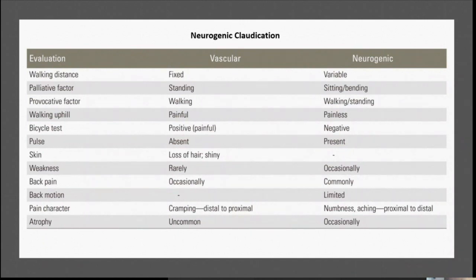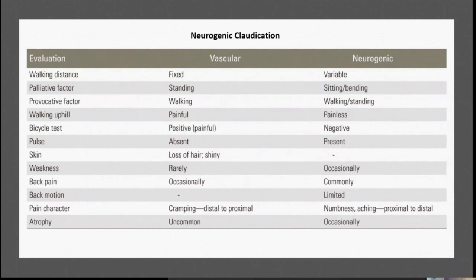While in the vascular, it happens on the spot. They just sit down, the muscles switch from anaerobic to aerobic respiration, and their symptoms will disappear quickly. The other thing that is different, if it is neurogenic claudication, the patient will improve if they are bending forward. And this happens when they are doing their shopping and bending on the shopping trolley.